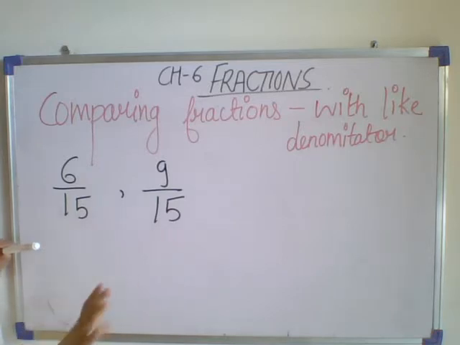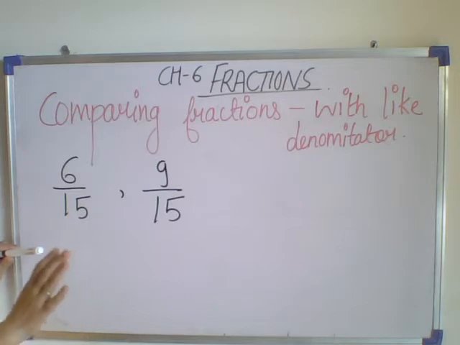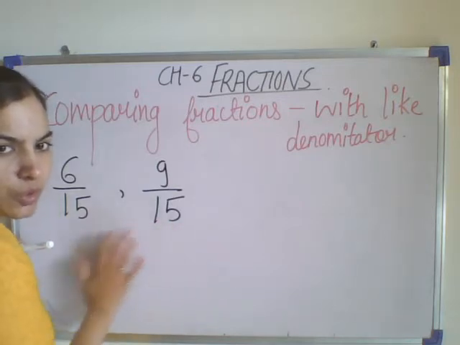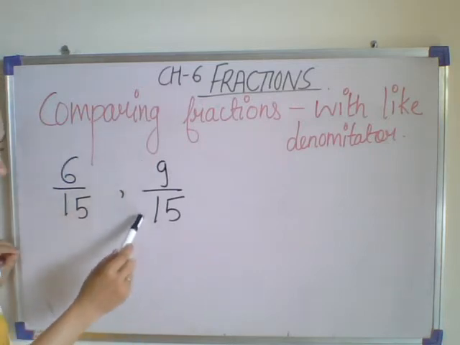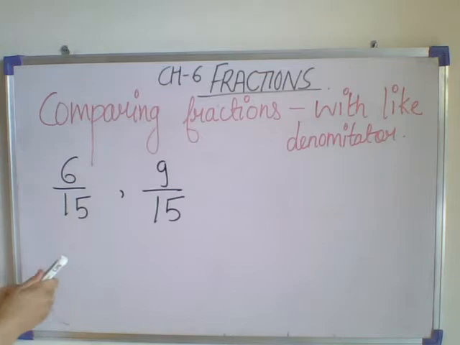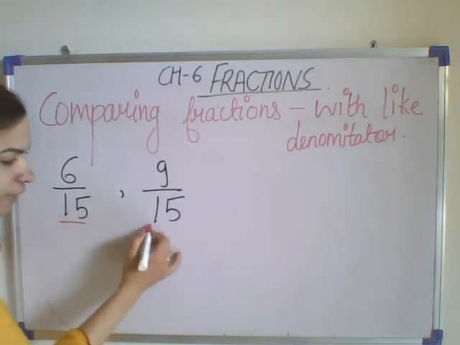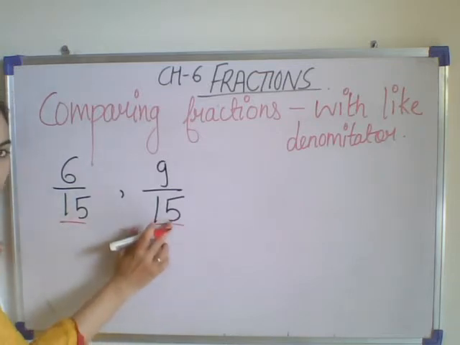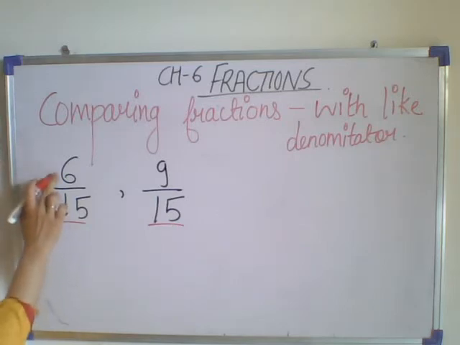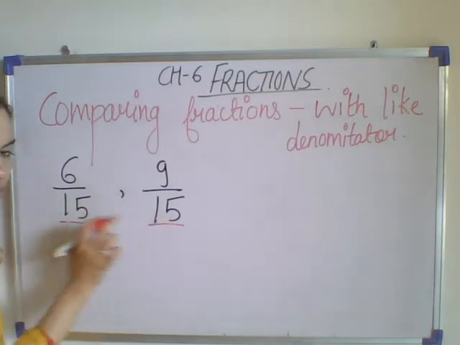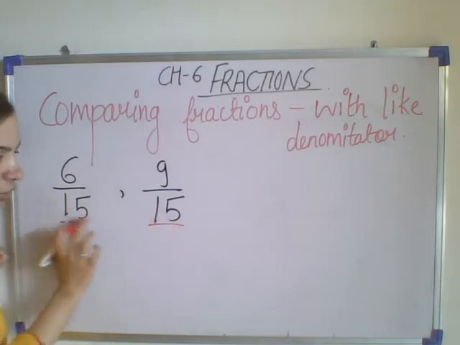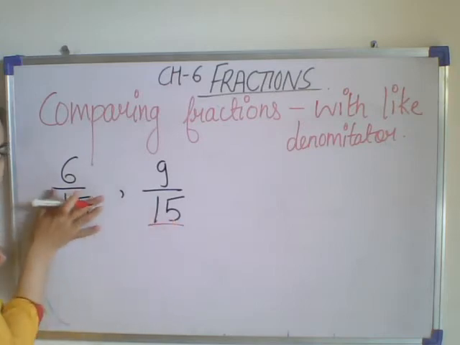We compared numbers in our previous chapter. Now we are comparing fractions. One is 6 by 15 and the other is 9 by 15. You can see here, students, 15 and 15. This is the denominator and this is the numerator. The denominator is common in both; in both the denominator is 15. It is the same.